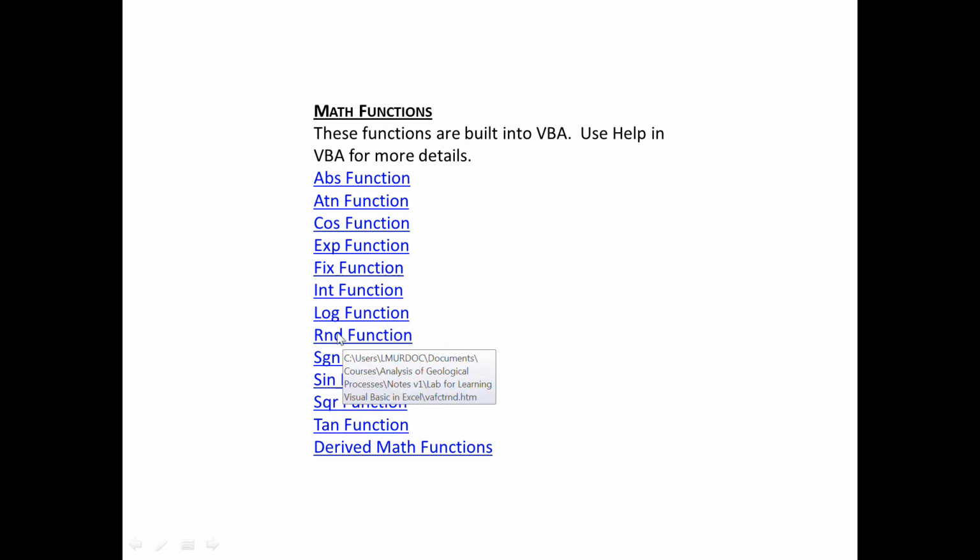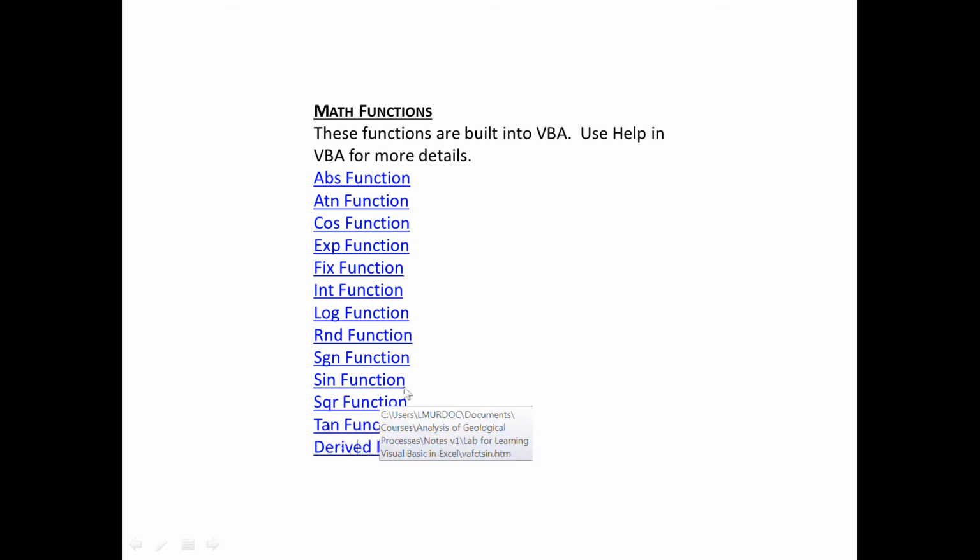the log, a random number, the sign of the number. This is the sign as in positive or negative. This is the sine as in the trig function. And this guy here is square root and tangent.